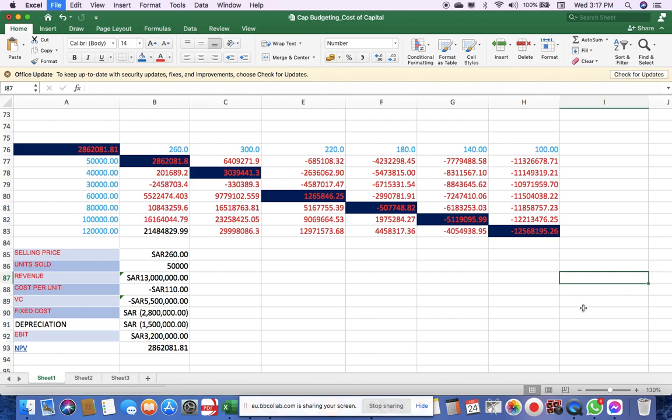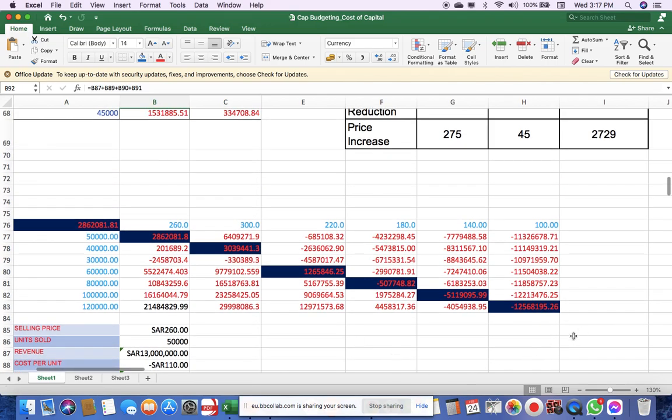And here basically what I have changed is the selling price and number of units. You can change the cost price, the variable cost, the fixed cost, everything. And here the break-even point is being calculated. So everything can be calculated.